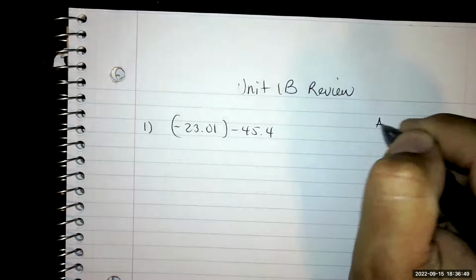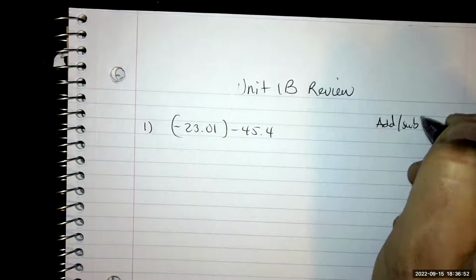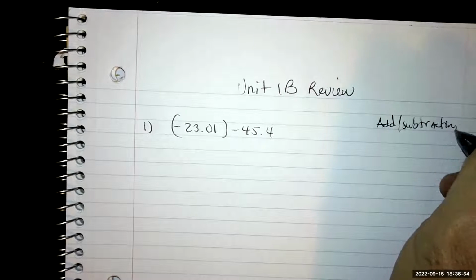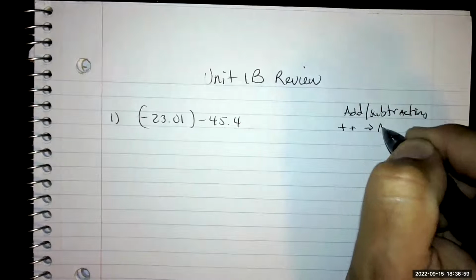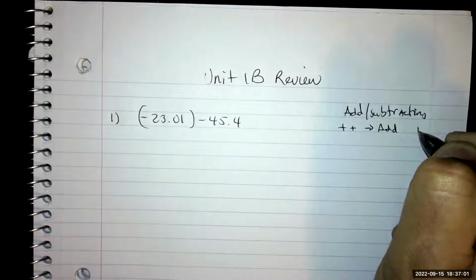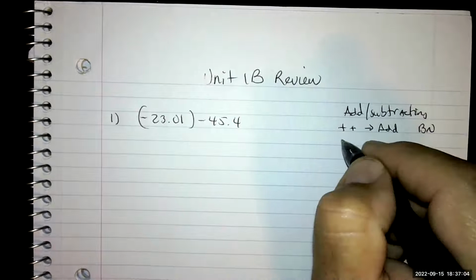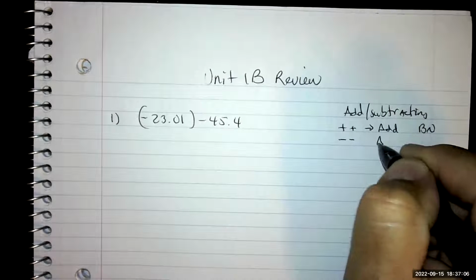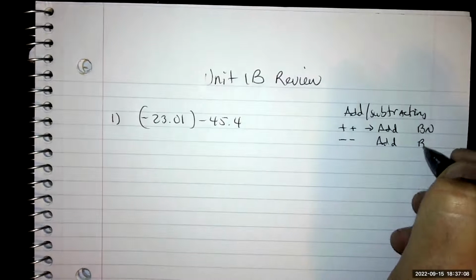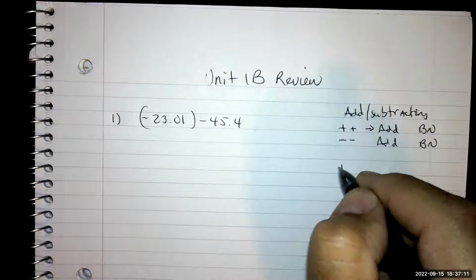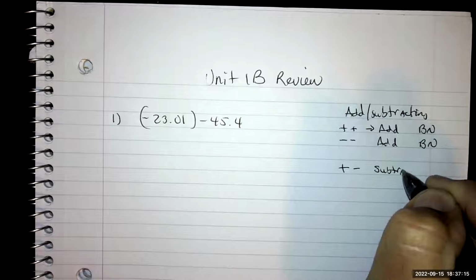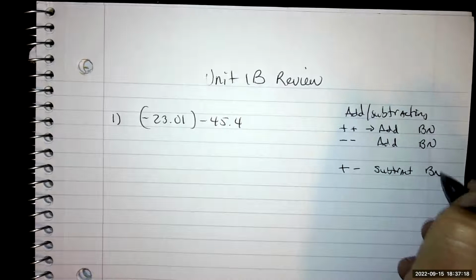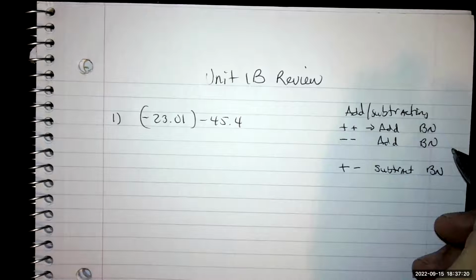When we're adding and subtracting integers, when the signs are the same, we add the numbers and go with the sign of the biggest number. However, if one's a plus and one's a minus, we subtract the numbers and still go with the sign on the biggest number.